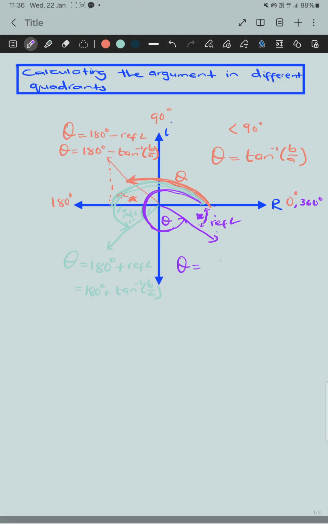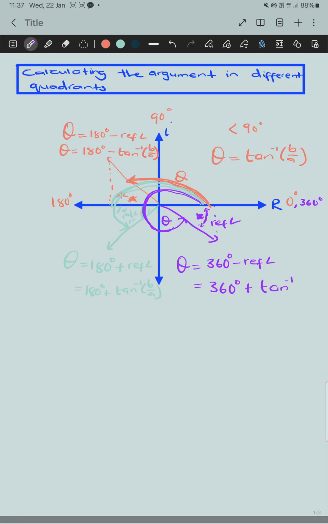So theta equals 360 degrees minus the reference angle, which is arctan. Excuse me, not plus, because I don't want this angle.